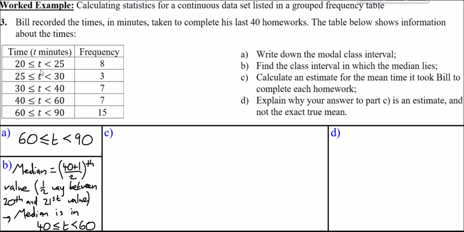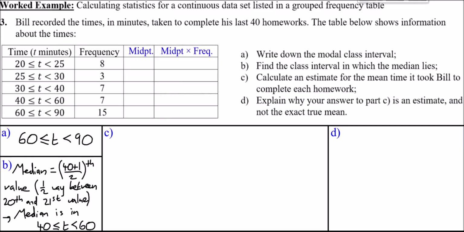We need to consider the midpoints, and then we take the midpoints as an estimate for a typical time for each interval, and we do the midpoints multiplied by the frequency for each interval. And so we need 2 extra columns ideally, like we've got here.